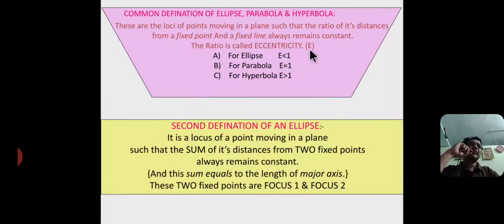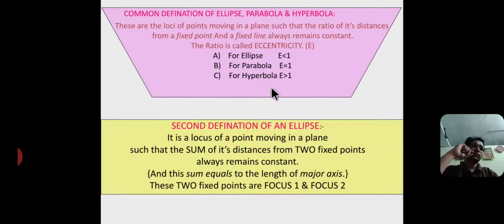If the eccentricity is less than 1, it is called ellipse. If the eccentricity is equal to 1, then it is called parabola. Similarly, if the eccentricity is greater than 1, then it is called hyperbola.